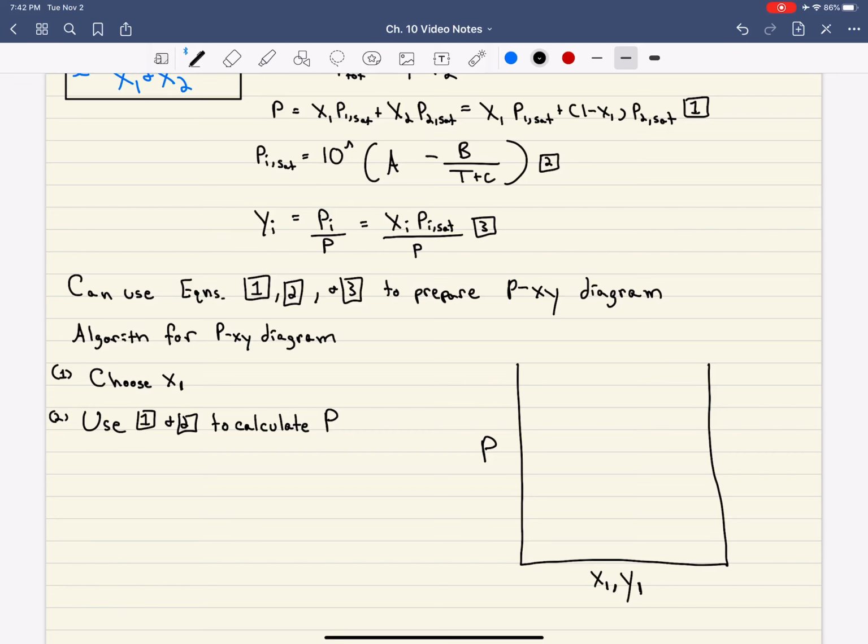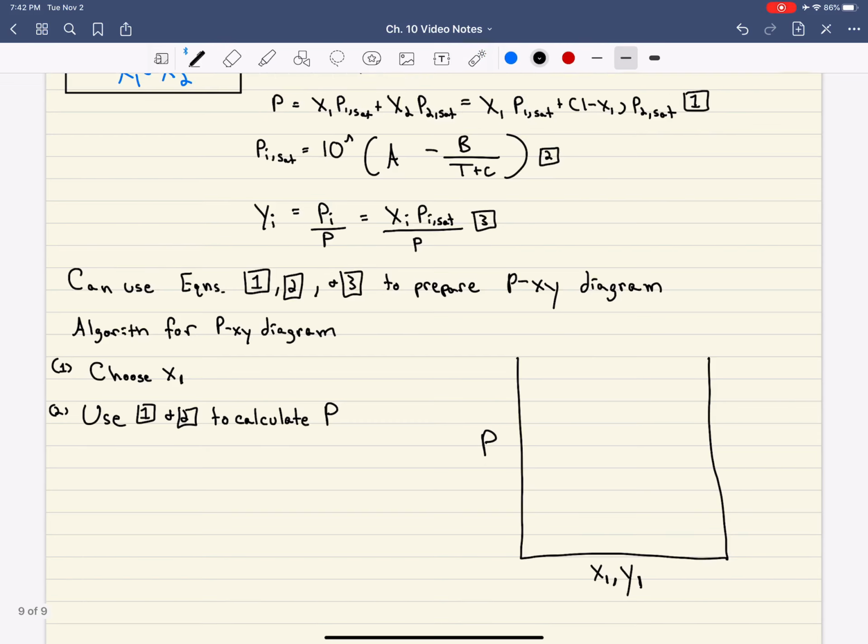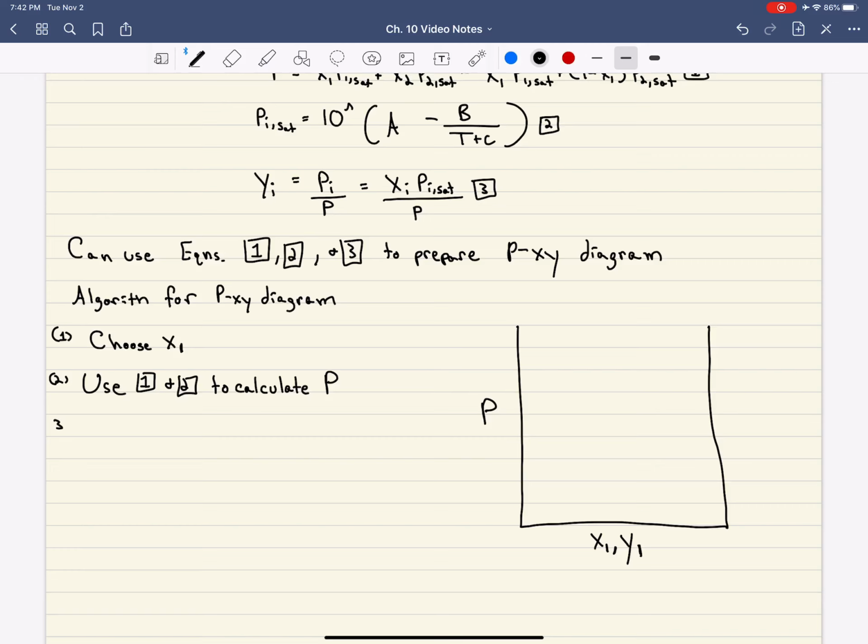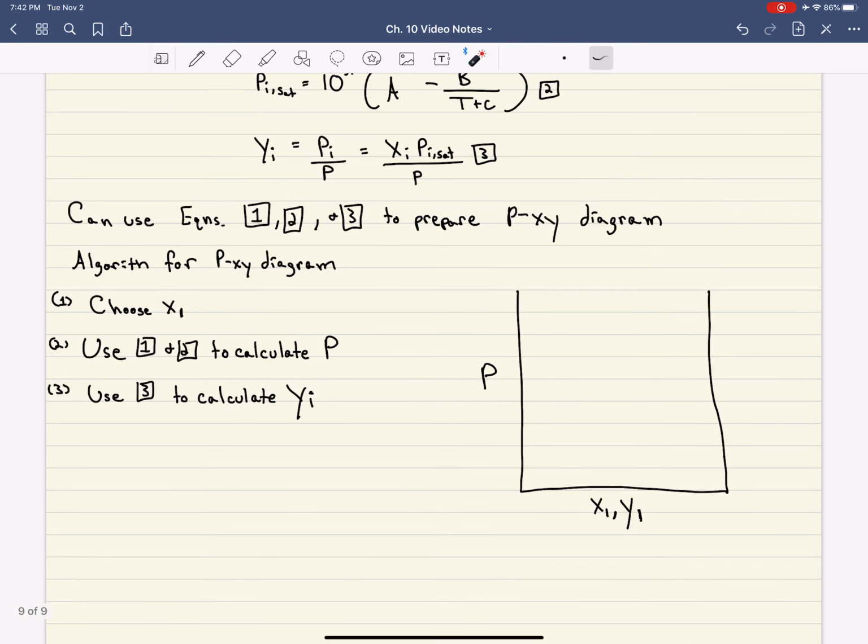So you'd use equation 2 in order to get the vapor pressures at some particular temperature, and then you would plug in those vapor pressures into this equation, and it would give you P. Once you have P, then you could use equation 3 to calculate y_i.